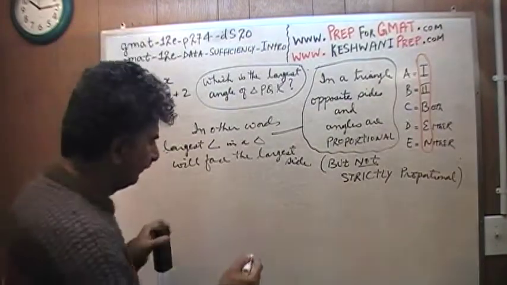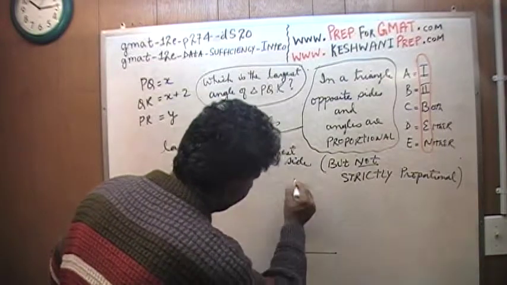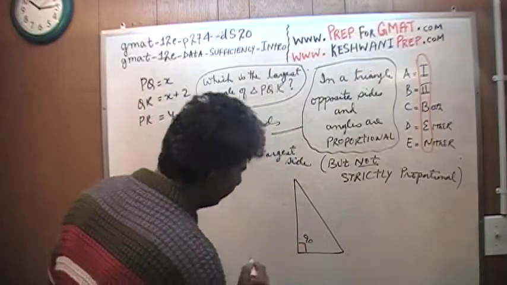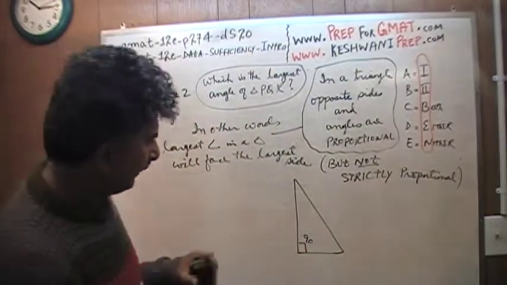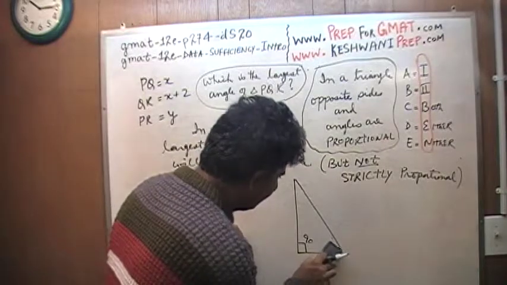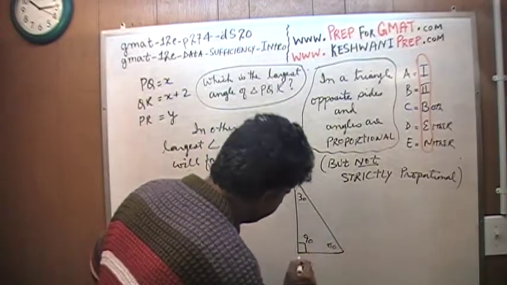For example, let's pretend that this is 90. Well, there's no need to pretend, it looks like 90. This angle is 30, this angle is 60.